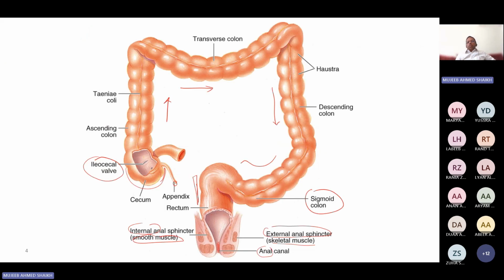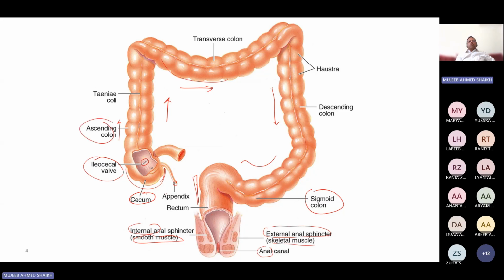So this is how the actual picture looks. It starts with the cecum. Here is the cecum. Attached to the cecum is the appendix. The small intestine opens into the cecum through the ileocecal valve. Then the part which is moving up is called the ascending colon.